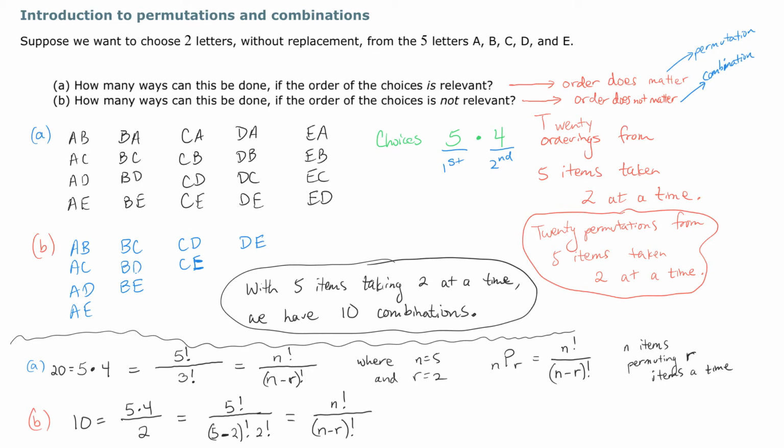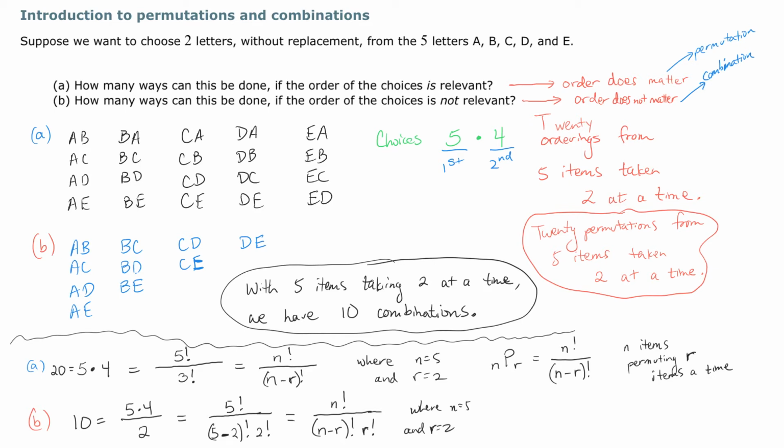Yes. Right, where once again, n is equal to 5, and r is equal to 2. So that's another way to get 20.